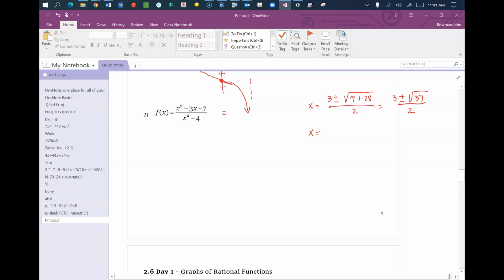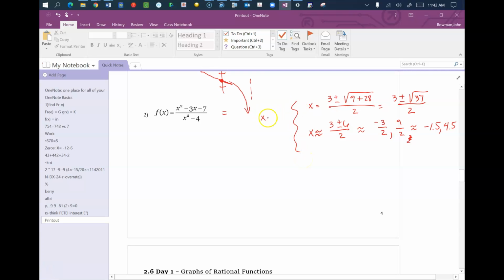Square root of 37 is approximately 6, so effectively we're going to estimate our x-intercepts at 3 plus or minus 6 divided by 2, which are approximately equal to -3 halves or positive 9 halves. Again, these are approximations, approximately -1.5 and positive 4.5. And those also have multiplicity of 1, so our graph will cross the x-axis at those approximate values.